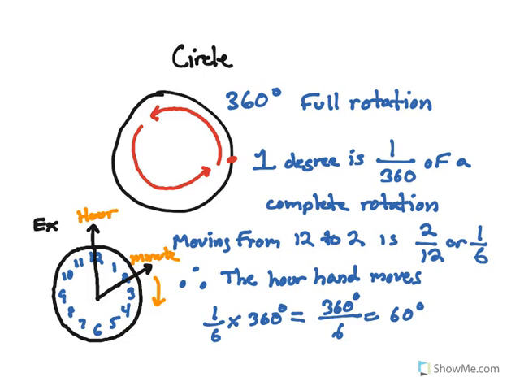And let's say you want to figure out how many degrees that hour hand moved from 12 to 2. Well, the circle in this case is divided into 12 parts, 12 hours, and each hour represents a part of that circle.